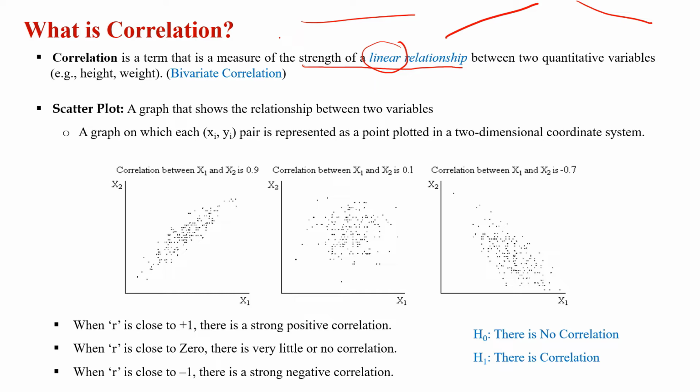The formula we have applied is the Pearson correlation coefficient, which quantifies the strength of the linear relationship between two quantitative variables, that means continuous variables.